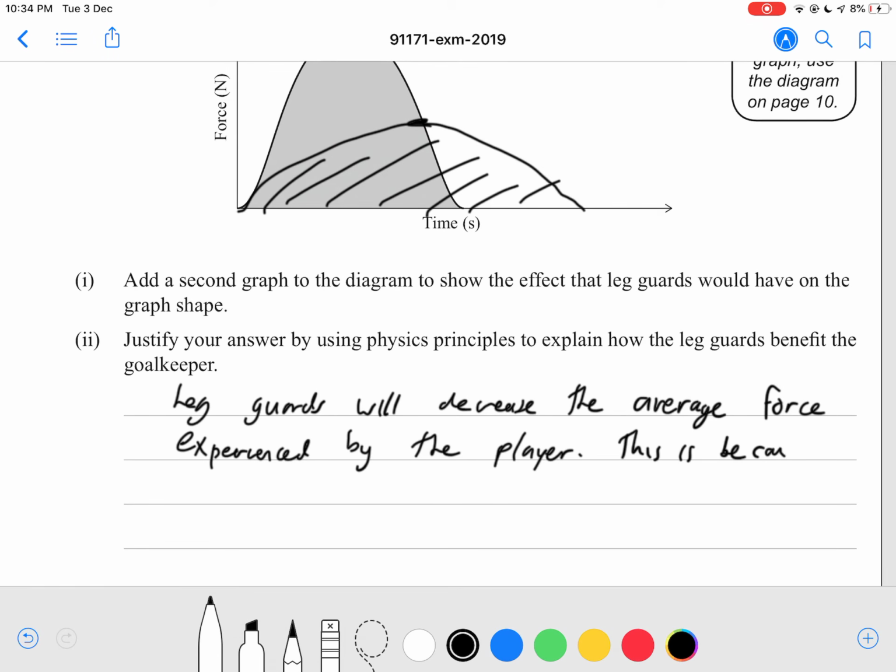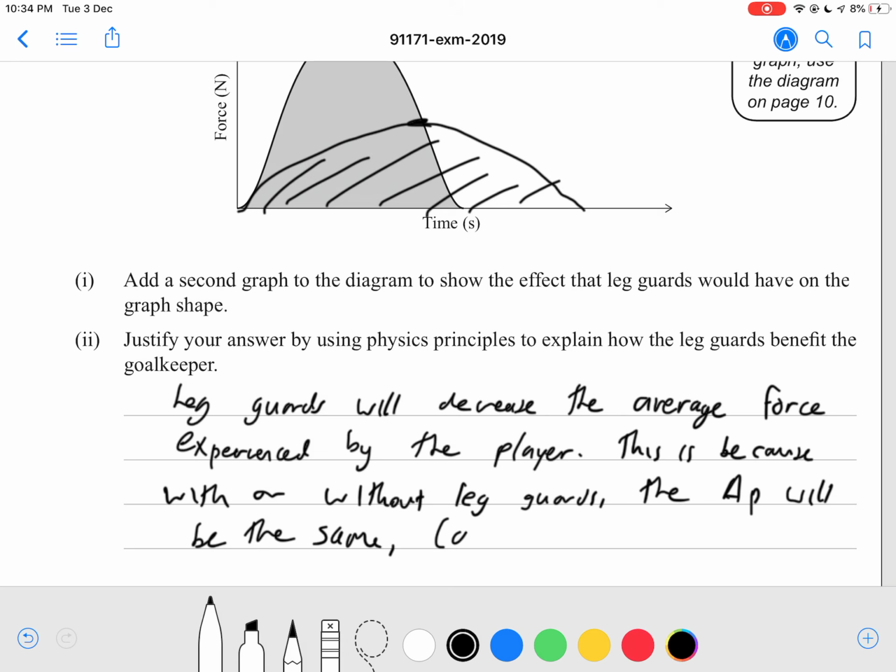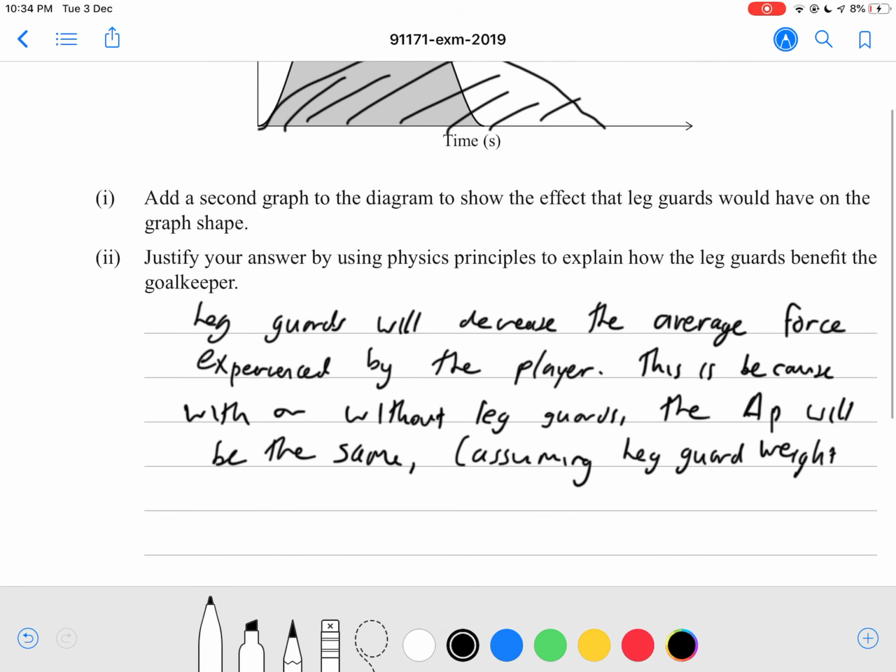This is because with or without leg guards, the change in P will be the same, assuming the additional weight of the leg guards is negligible.